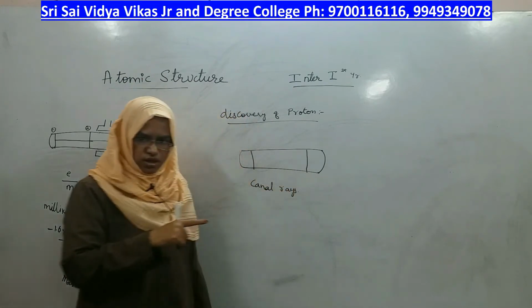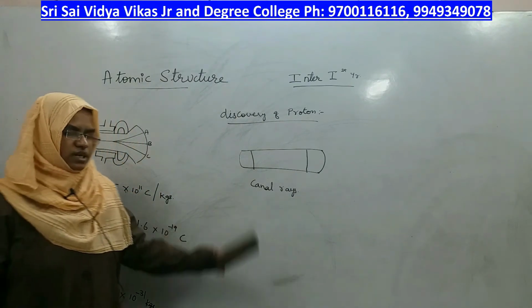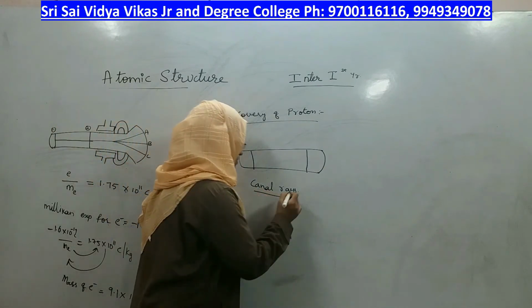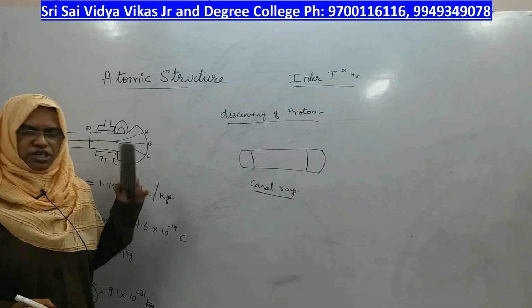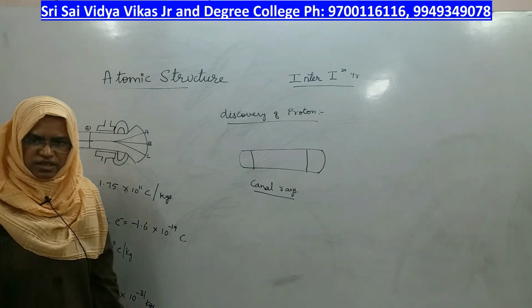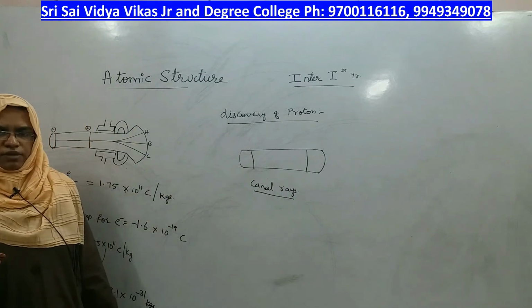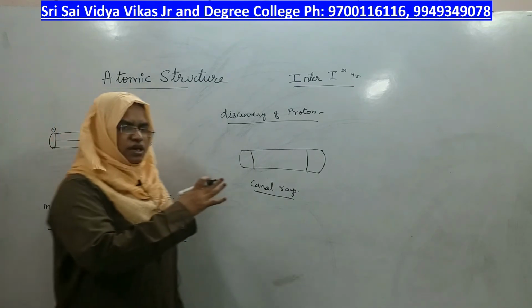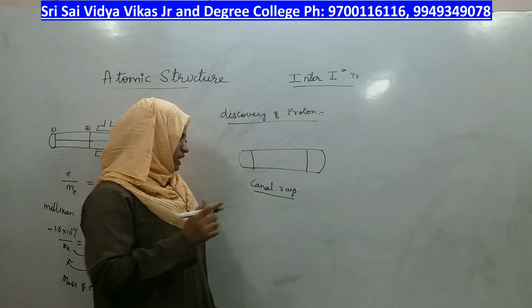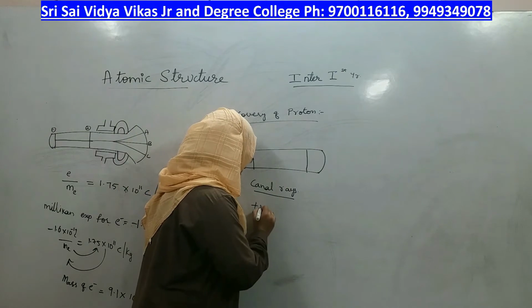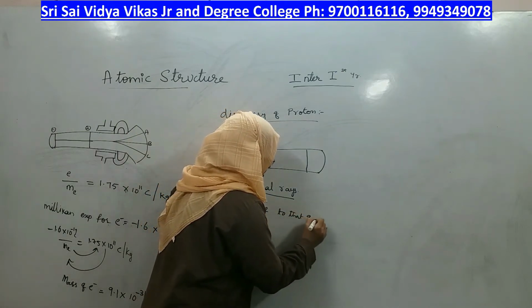Unlike electron, the rays here are not cathode rays, they are canal rays, right? And by the same concept of electric field and magnetic field, balancing their strengths, you get to know that the subatomic particle present in any atom as a constituent part is called a proton, and its charge is positive, opposite to that of the electron.